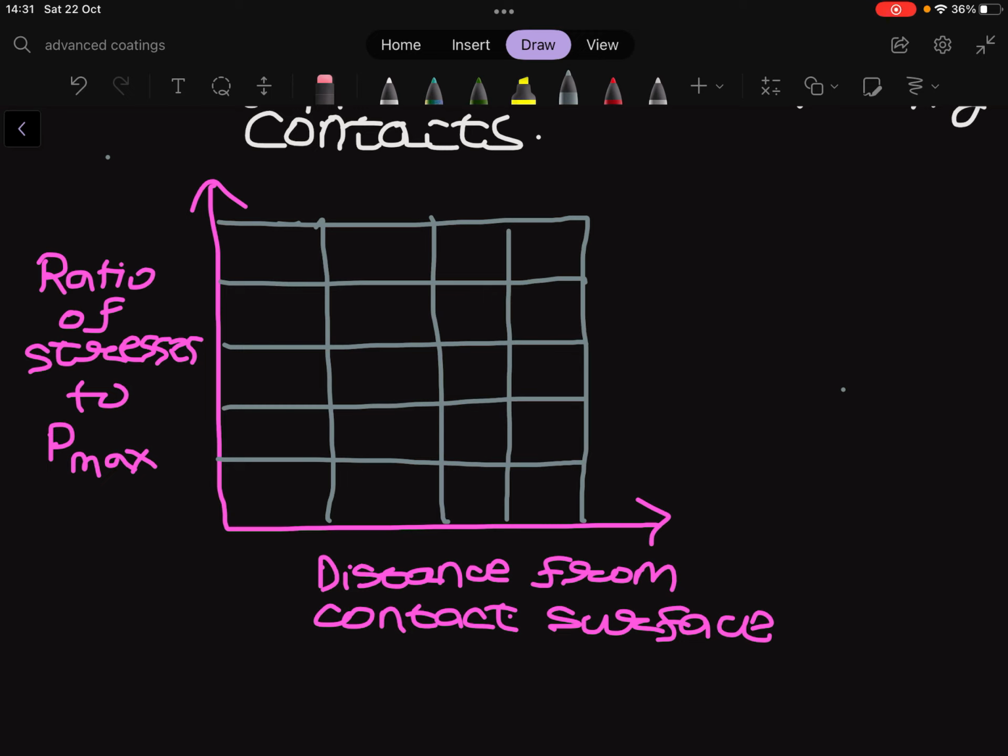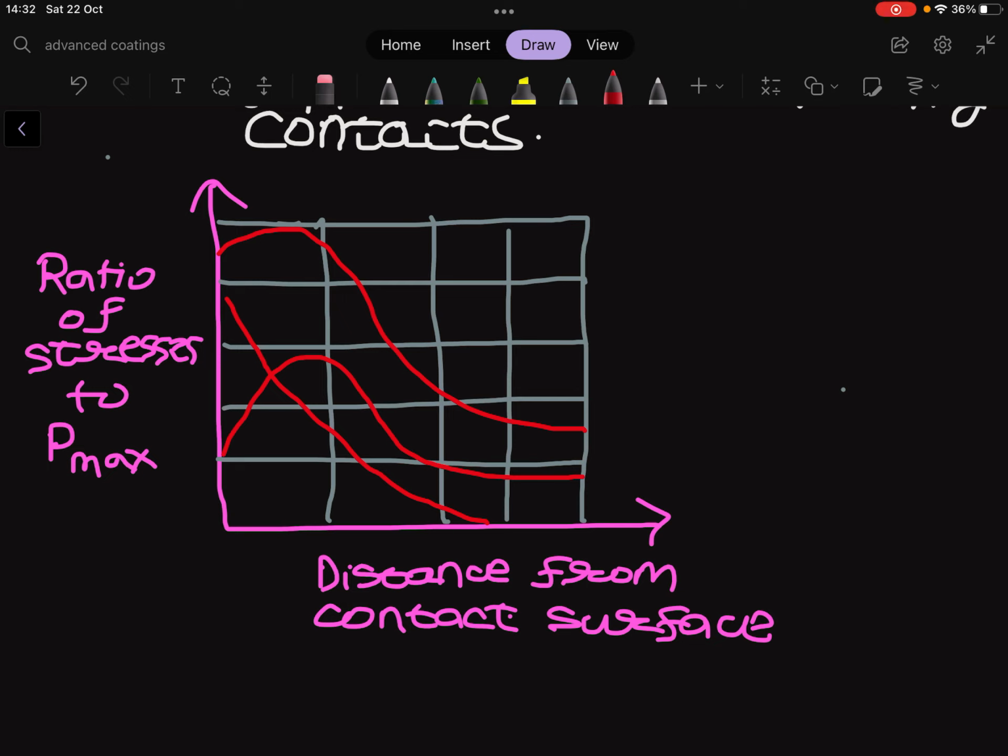Now let's plot the graph. In this plot, we are going to analyze the normal stress component in the vertical direction, that is the z direction, and in the horizontal direction, that is the x and y direction.